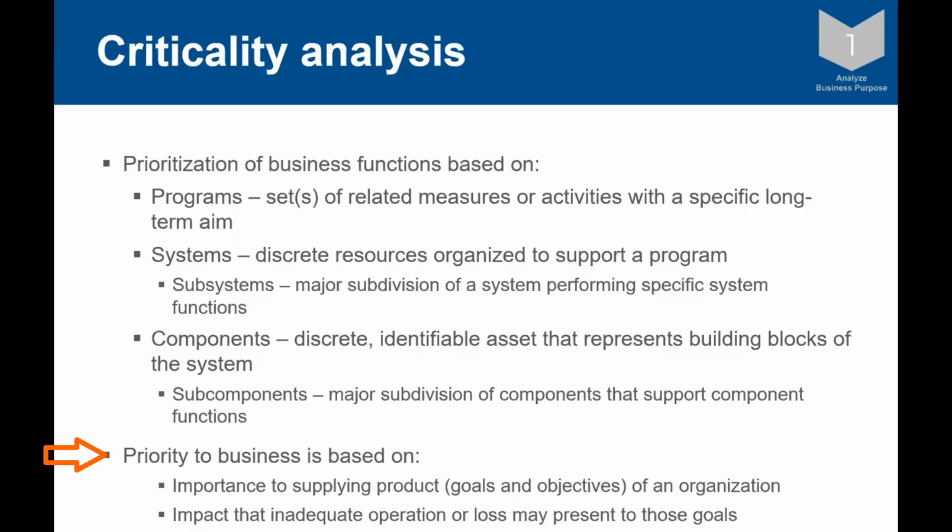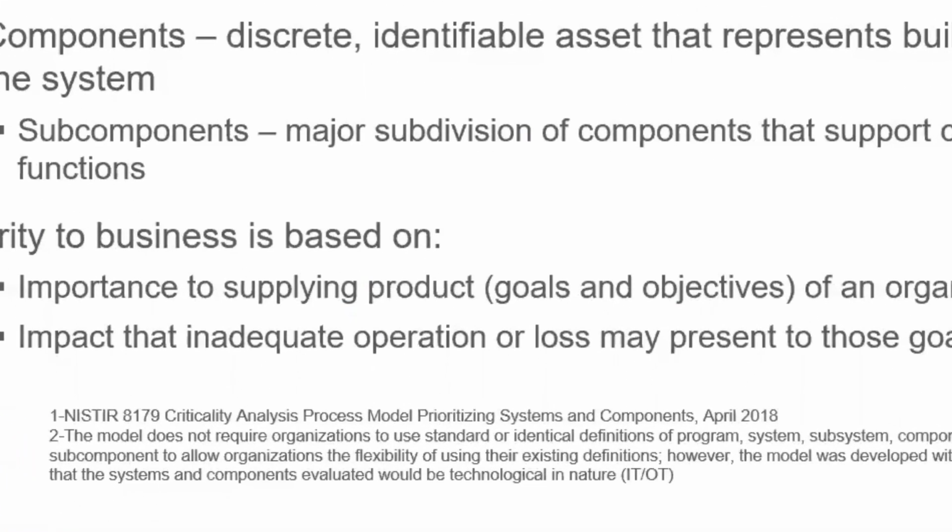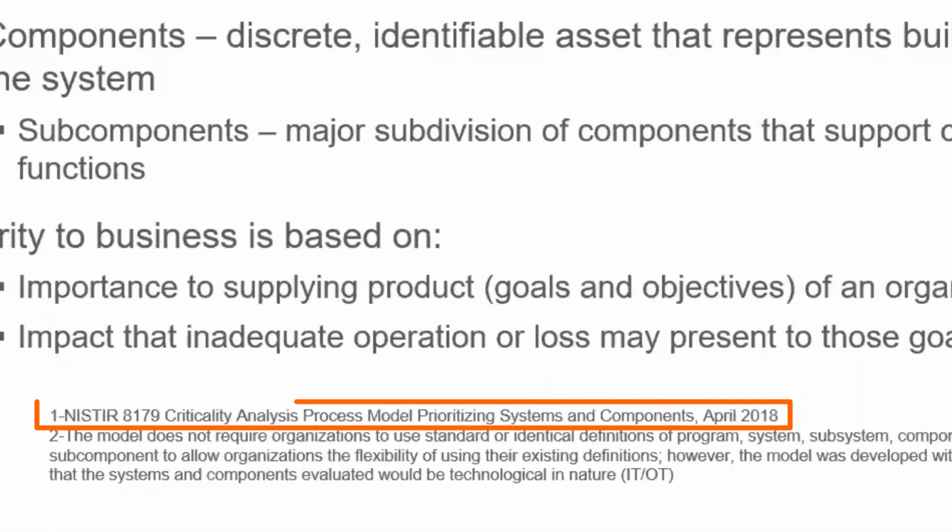We'll also want to take a look at the impact that an inadequate operation or loss of these functions may present to these business goals. Now we'll do that based on a document called NIST IR 8179, Criticality Analysis Process Model in Prioritizing Systems and Components.